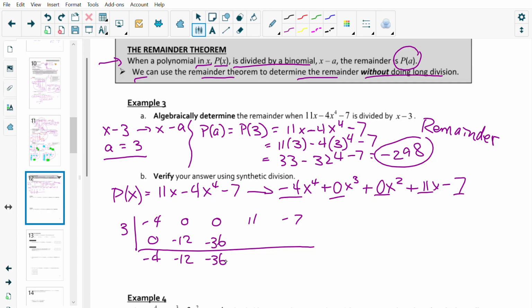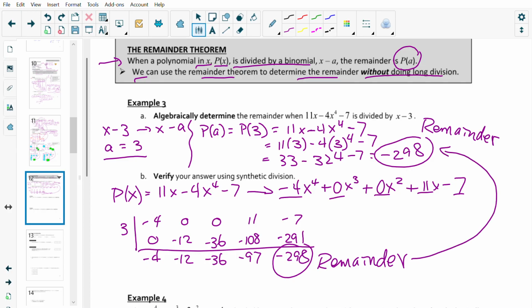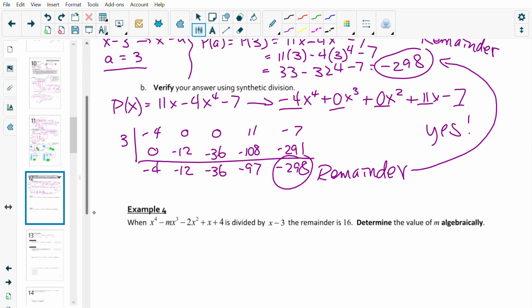So this is negative 36. Okay, and so on. Let me just finish this up. 3 times negative 36 is negative 108. That's negative 97. Negative 291. And that's negative 298. This is my remainder. And does it check with the remainder I got using the remainder theorem? Yes.